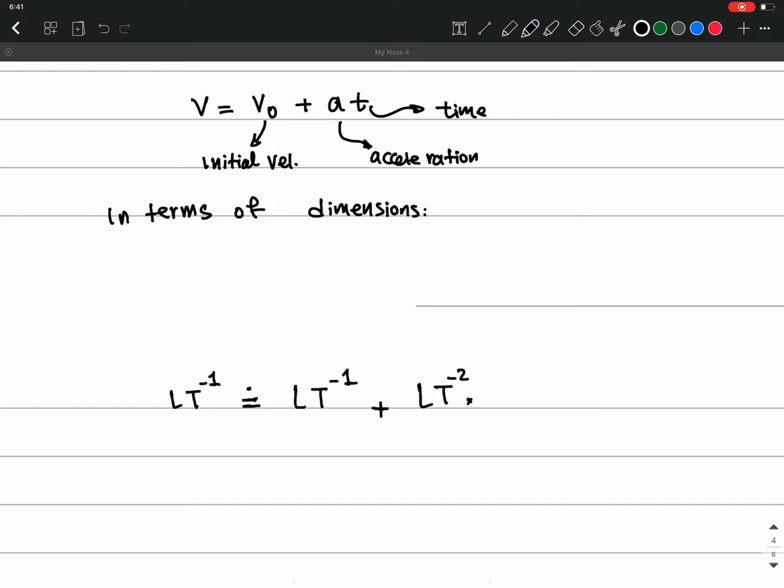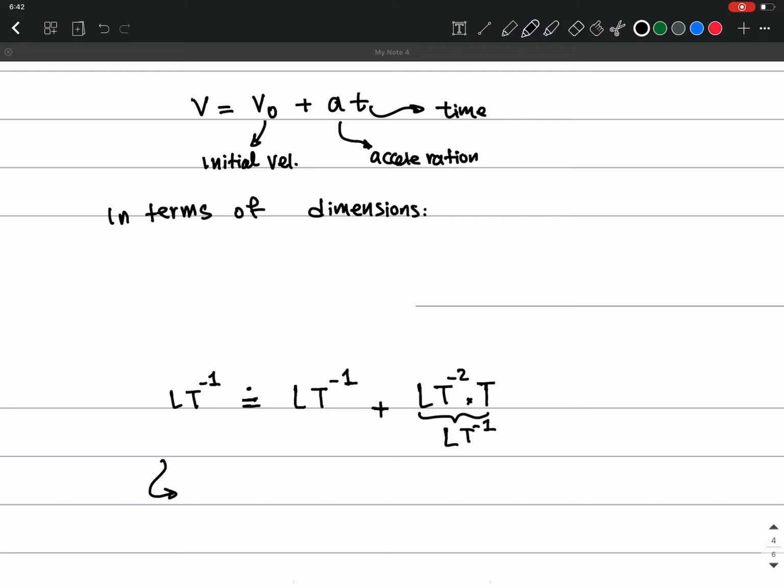Times time, which is going to be what? Is going to be T. So if you see, this one is going to be also LT minus 1.